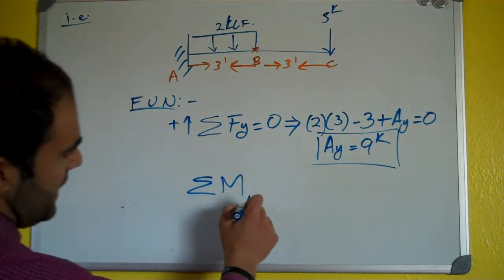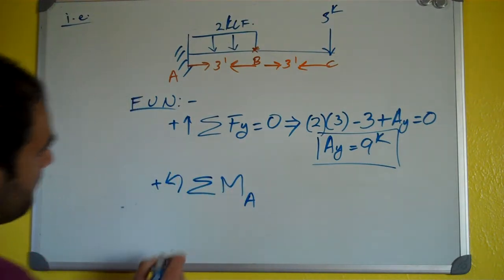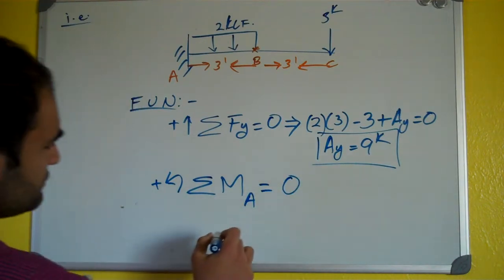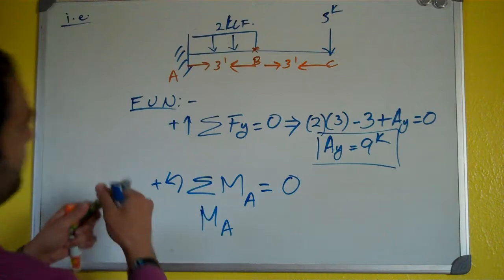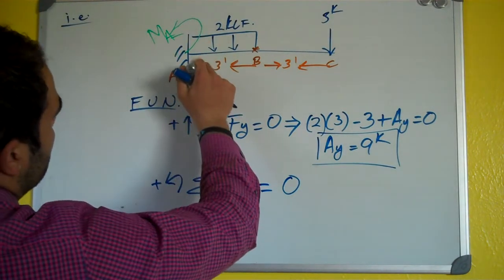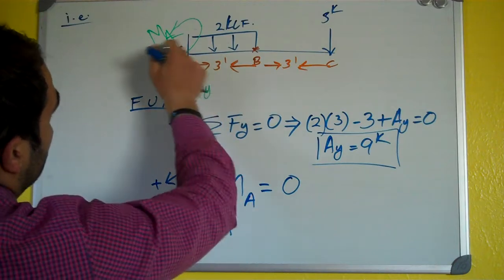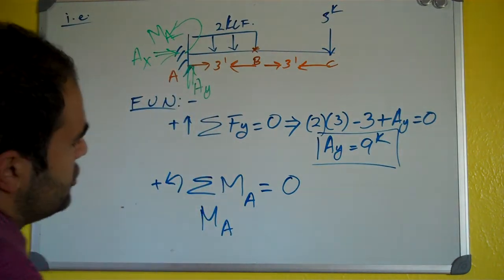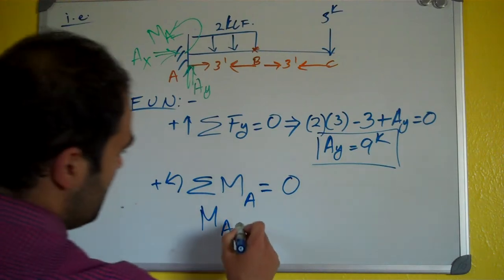Sum of the moment at A is equal to 0. In the free body diagram, you have MA here, you have AY, and you have AX, and AX is 0 by inspection.